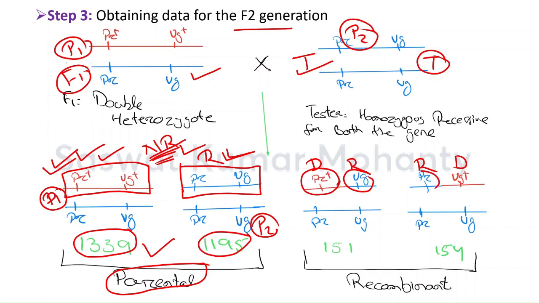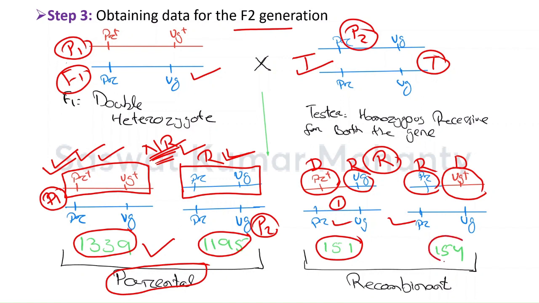Here, this eye color gene came from parent 2 and the wing type gene came from parent 1. Crossing over occurred, so these are the recombinant products. Now we can calculate how many Drosophila showed these genotypes. Here I have data: 151 showed this genotype, recombinant 1, and 154 individuals showed this second recombinant type.